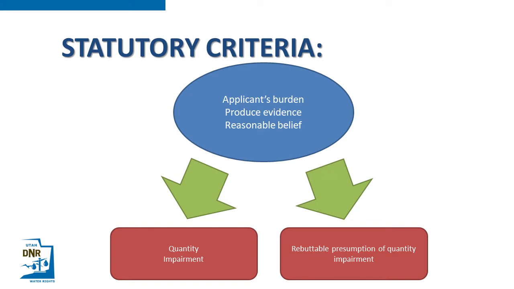There are also statutory criteria if quantity impairment is raised, or a rebuttable presumption of quantity impairment is raised. It is the applicant's burden to prove that there is evidence that quantity impairment has not occurred, or that they can overcome the rebuttable presumption. Keep in mind that there is a difference between quantity impairment and a rebuttable presumption of quantity impairment, but they are related.